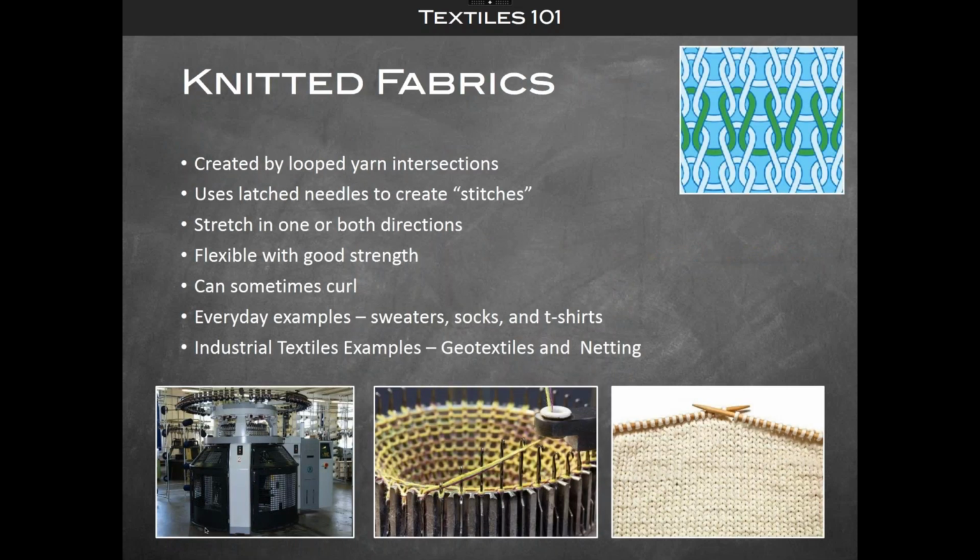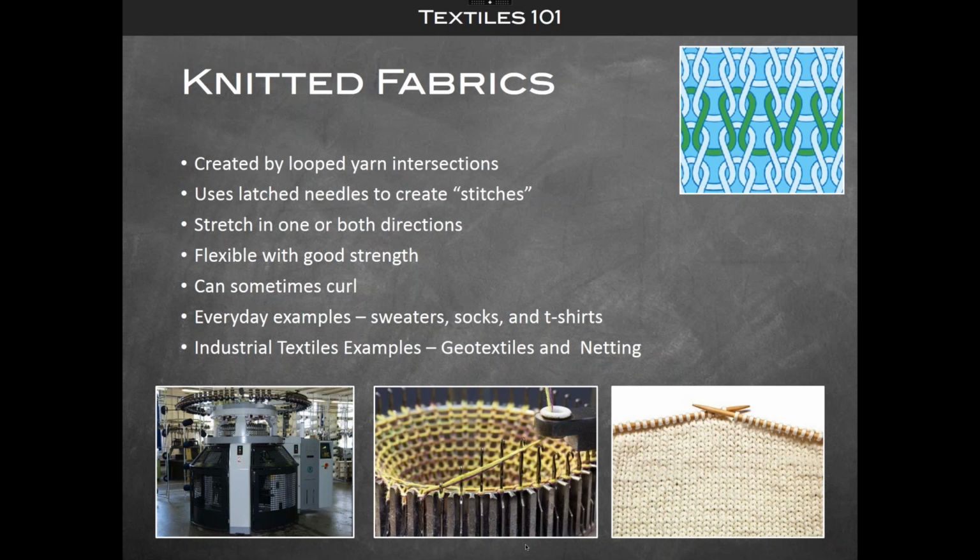Knitted fabrics are created by looped yarn intersections, and they use needles. Here I'm showing an example in the middle photo. You can see an example of a latch needle that is used to create stitches. Knitted fabrics have stretch in one or both directions. They're very flexible with good strength.